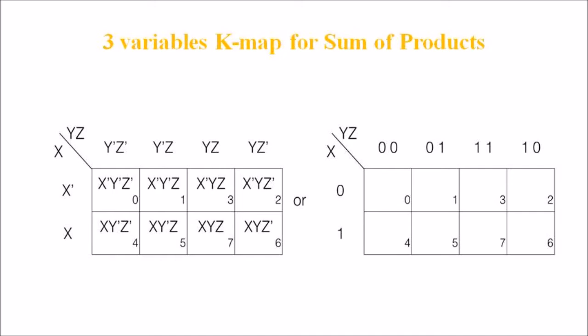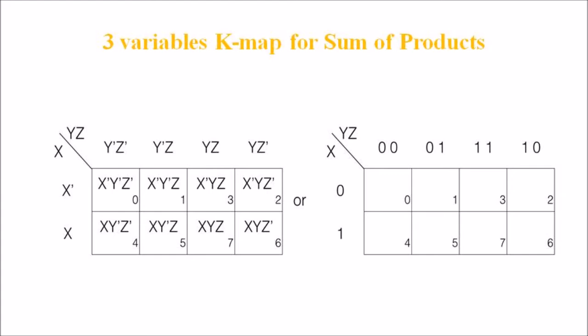For example, in the first row, we have x dash y dash z dash, x dash y dash z, x dash y z, and x dash y z dash. So, only one variable changes at a time as we move from left to right. Firstly, x dash y dash z dash changes to x dash y dash z.